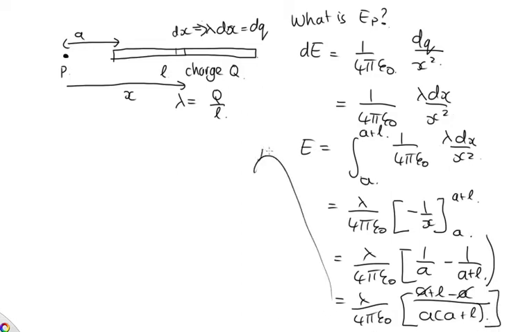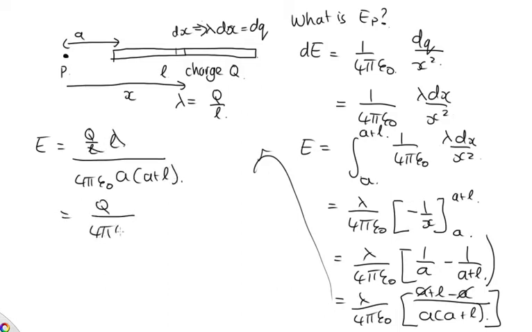Okay, let's continue up here. So we've got E is equal to lambda. Now lambda is just Q over L, and in this bracket we've got L on top, and this is over 4 pi epsilon naught A plus L. These cancel, and so we've got Q over 4 pi epsilon naught A plus L.